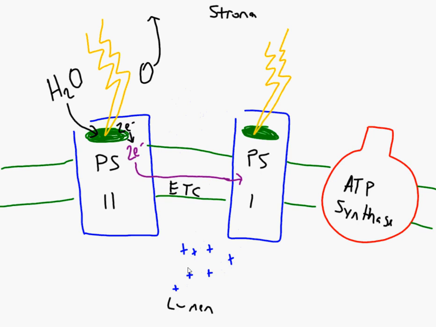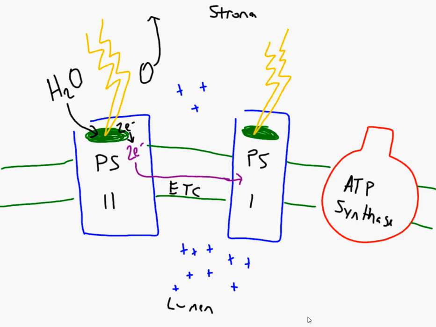That's going to build up a concentration gradient inside the lumen, whereas we have a high concentration of protons in the lumen, a low concentration of protons outside the lumen, and so that concentration gradient is going to be able to be used to do work. So the energy of the redox reactions is used to actively transport protons into the thylakoid.